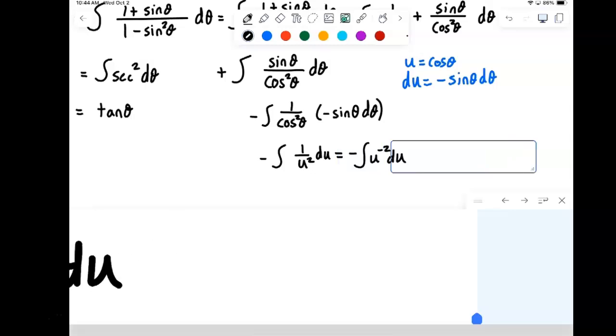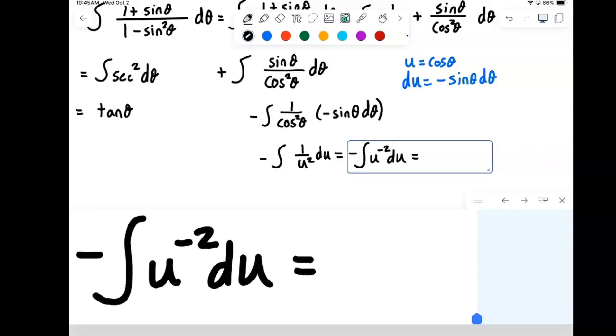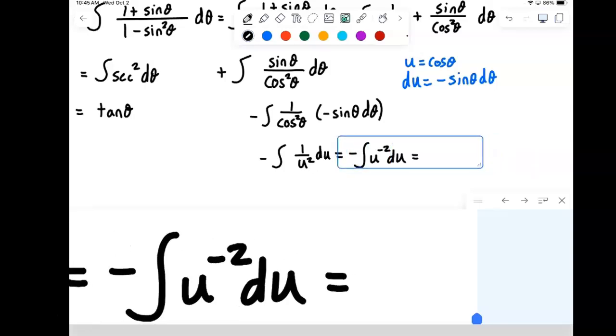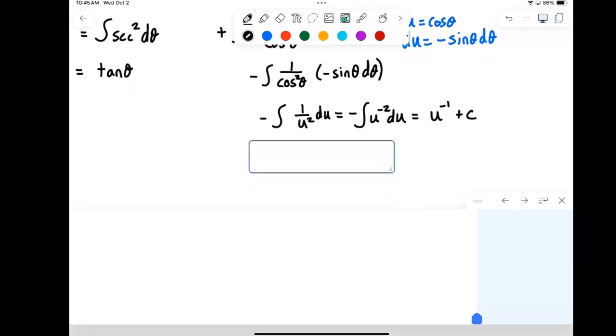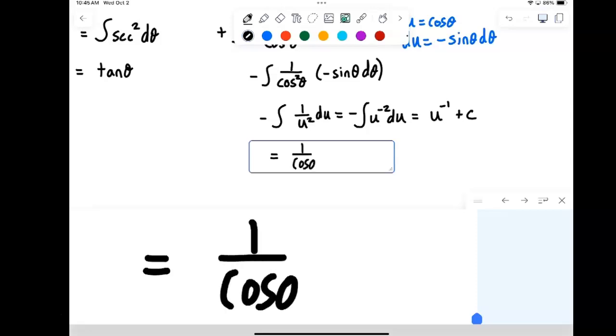Then we use the power rule, add 1 to the exponent, which will make it negative 1, and then divide by negative 1. When you divide by negative 1, that cancels with the other negative. So we just get u to the minus 1 plus a constant, or putting back in for cosine, 1 over cosine theta plus a constant.